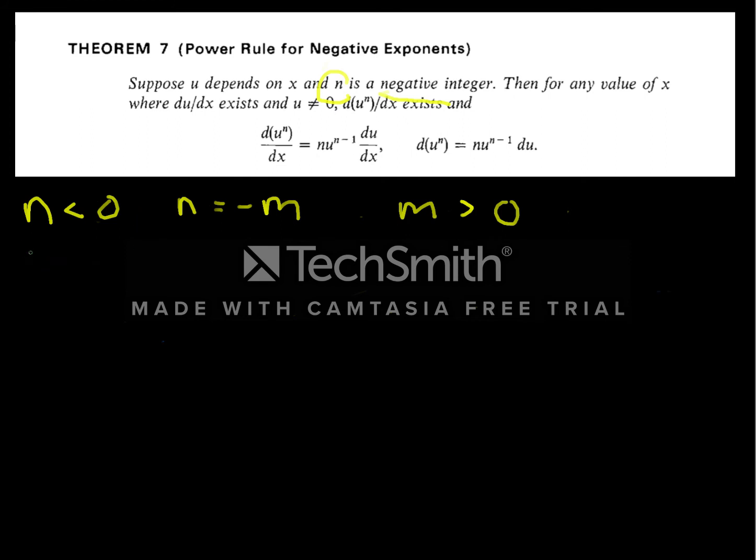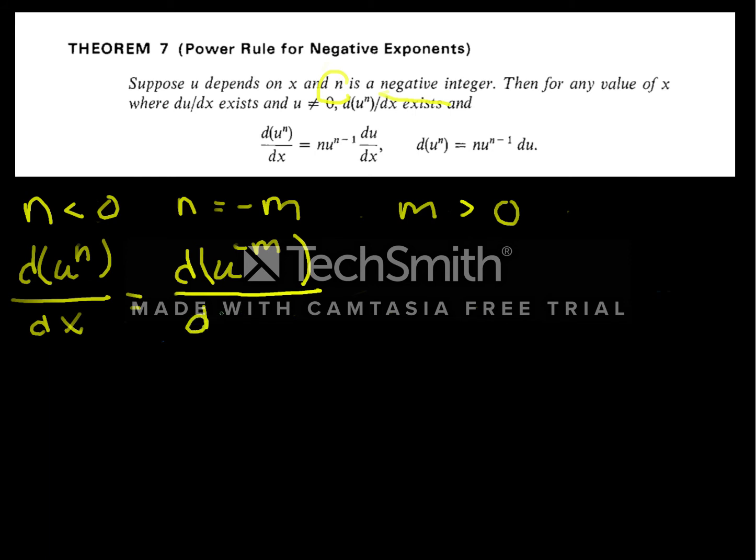So when we look at the derivative of u to the n with respect to x, we rewrite it as the derivative of u to the minus m with respect to x, which algebraically is equivalent to 1 over u to the m with respect to x.